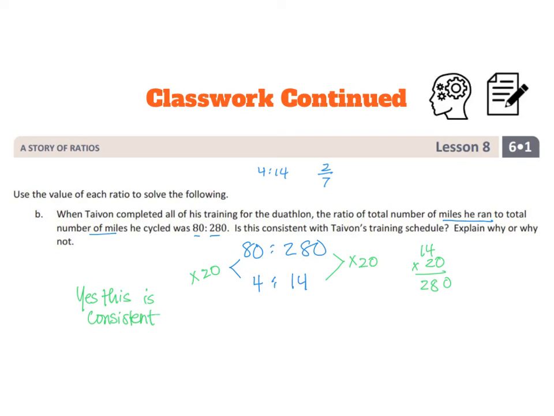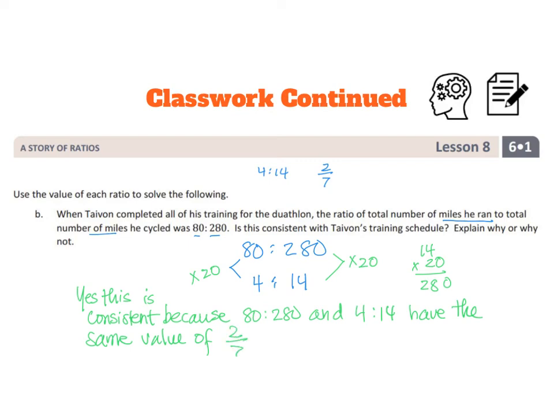It's consistent because the 80 to 280 and 4 to 14 have the same value of 2/7. They're equal.